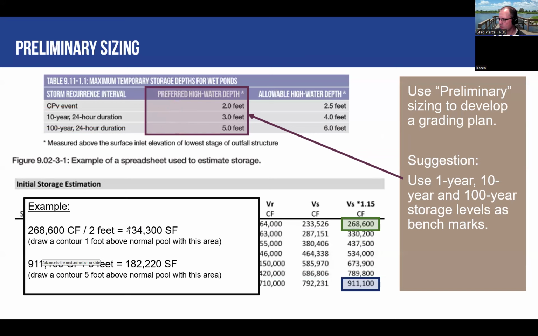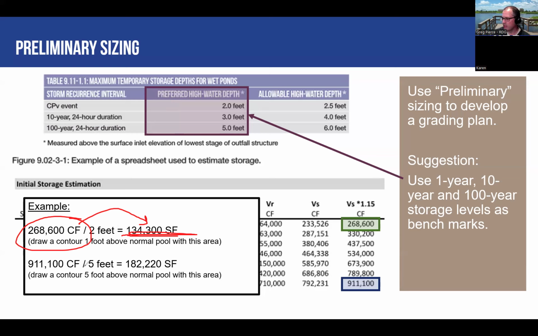So if you do some rough back of the envelope calculations for initial sizing, if we know what our storage for the 1 year event is supposed to be, and divide it by two, that means if I was going to draw on a plan a contour about 1 foot above what I expect my normal pool to be, I'm going to need about this much area to provide that much storage. So I would probably start drawing a shape that has about 134,000 square feet in this example for my basin.